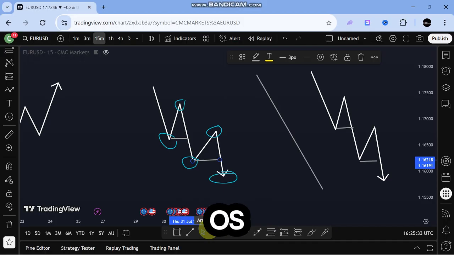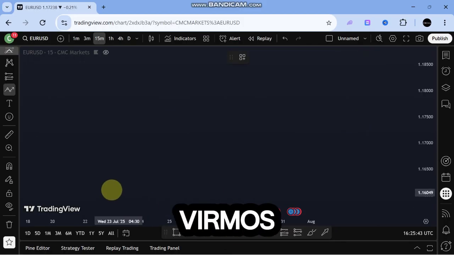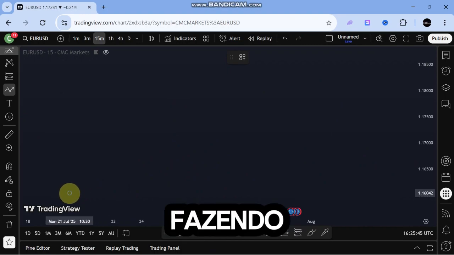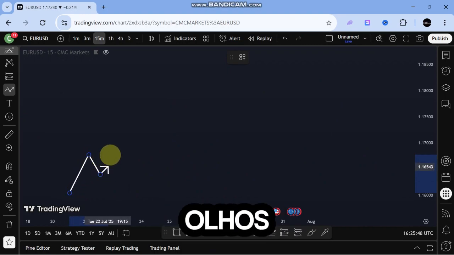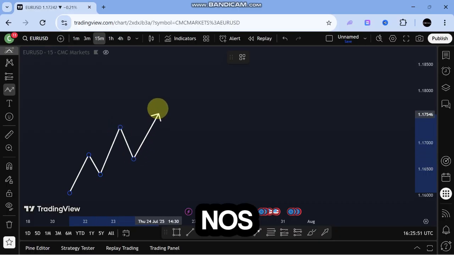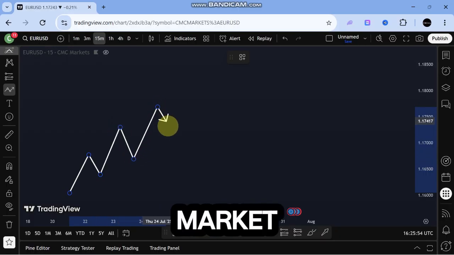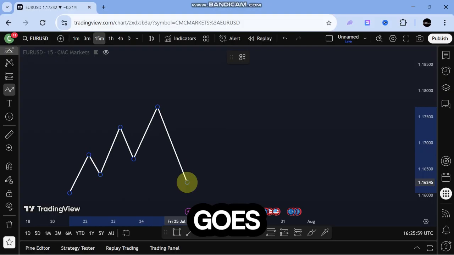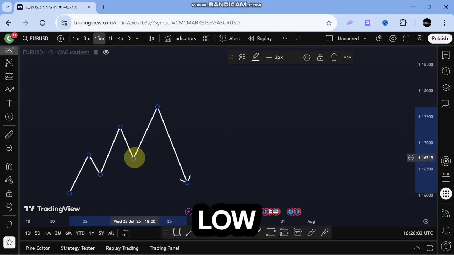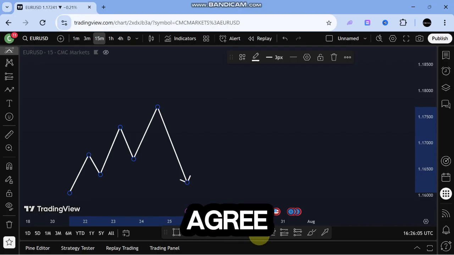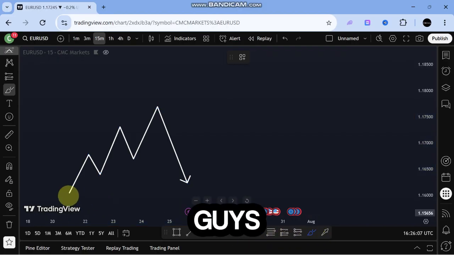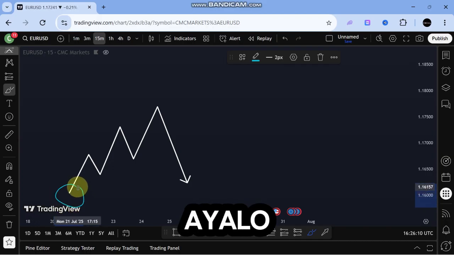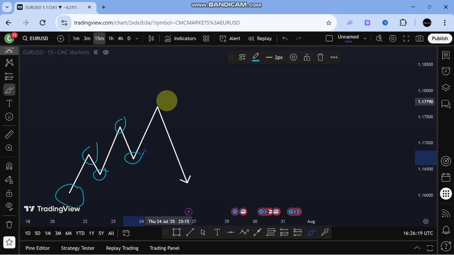Now, let's talk about reversals. For example, we are in an uptrend, the market is making a series of higher highs, higher lows, higher highs, higher lows, higher highs, and then suddenly the market starts to face downward, doing a correction movement, and goes below this previous low. This right here, you agree with me that this is our higher low, higher high, higher low, higher high, then higher low, higher high.